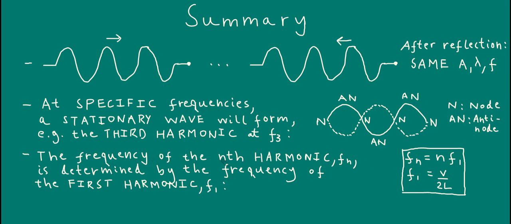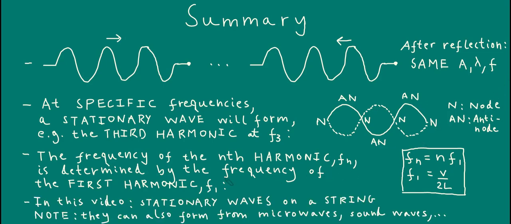So the frequency of the nth harmonic, fn, is n times the frequency of the first harmonic, f1, where f1 is given by the wave speed divided by 2L, where L is the length of the string, the distance from the fixed end at the left to the fixed end or node at the right.